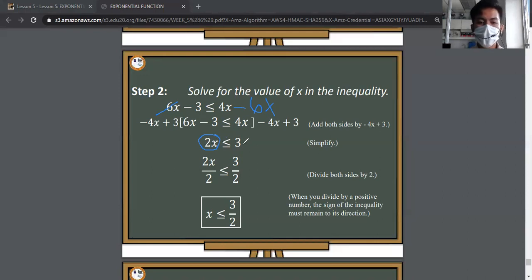Then, we need to divide both sides by 2 to find the value of x. So, cancel po natin to. X is less than or equal to 3 over 2.